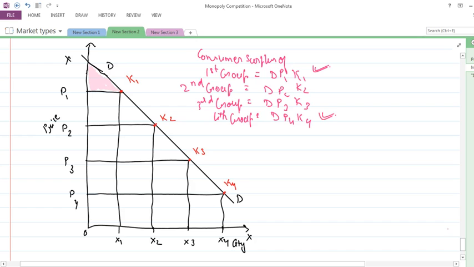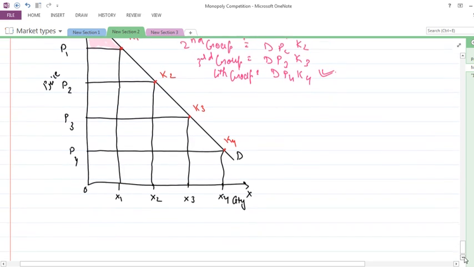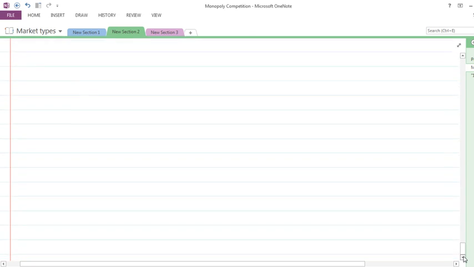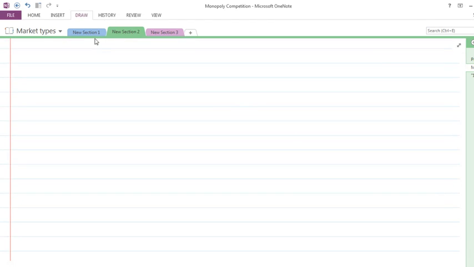Now let's move ahead to the third degree of consumer price discrimination. So let's put a heading, third degree of consumer price discrimination. That is the third one.